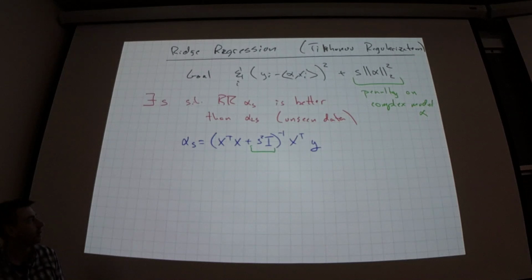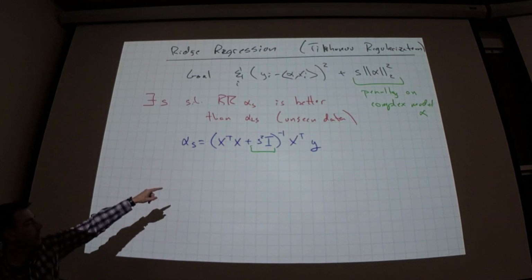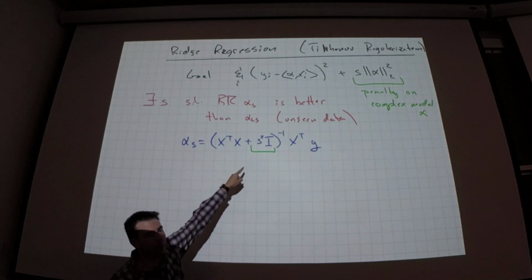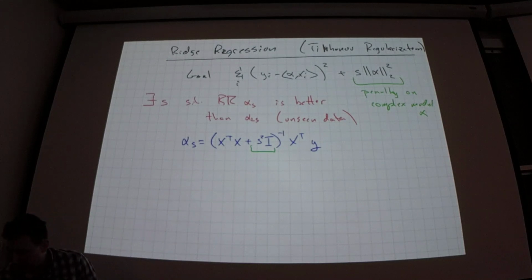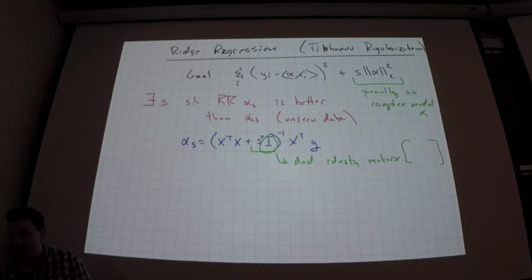Before I do this inverse, I add S squared multiplied by the d by d identity matrix. So after I multiply by S, it's got S squared on the diagonal, zeros off it.